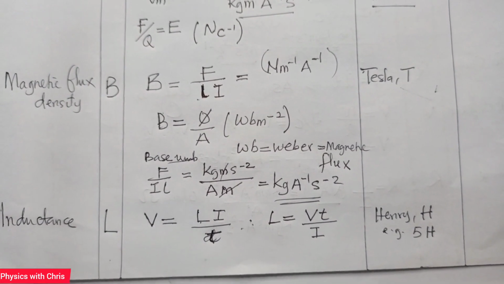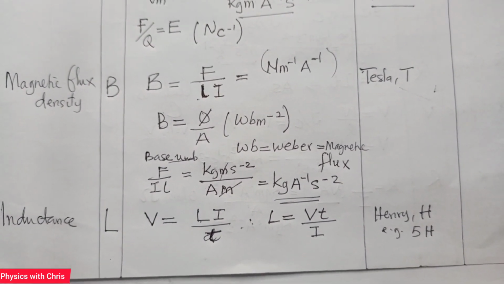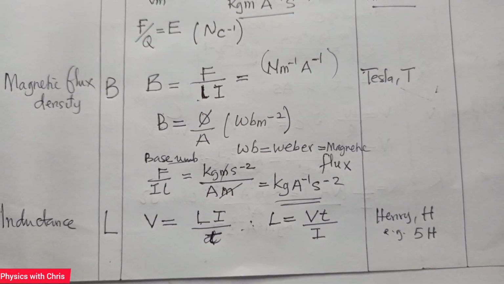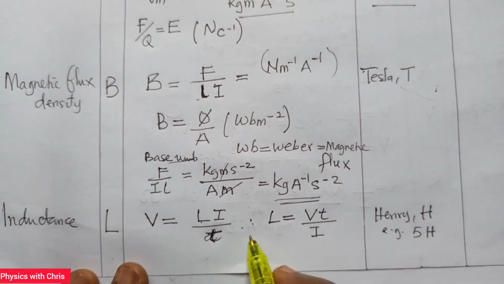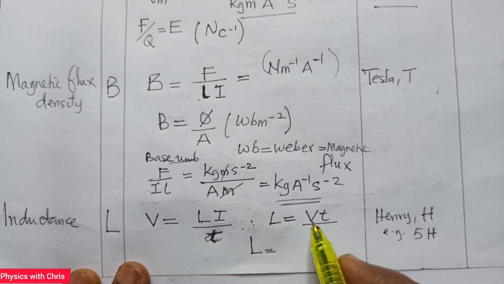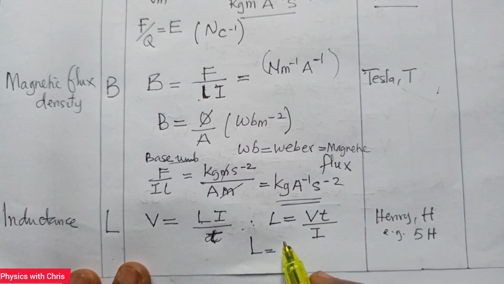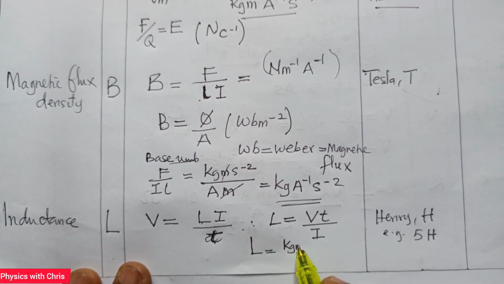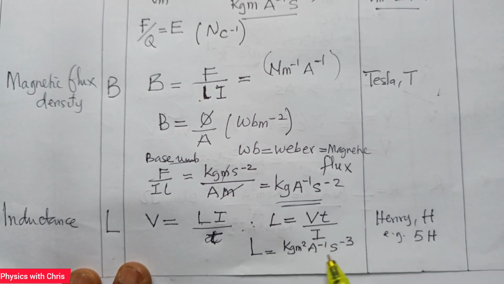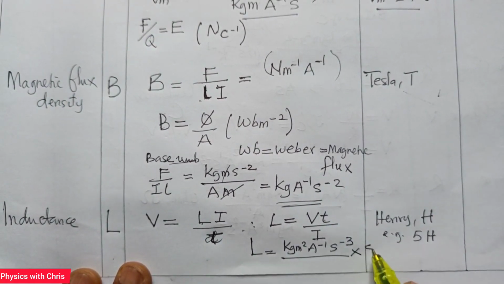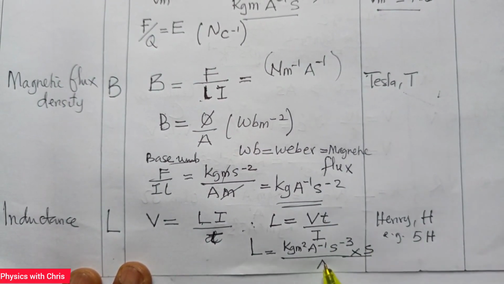But what about the SI base units of inductance? We write it like this. Unit of potential difference, SI base unit is kilogram meter squared A minus 1 S minus 3, multiplied by the unit of time, which is second, over the unit of current, which is ampere.